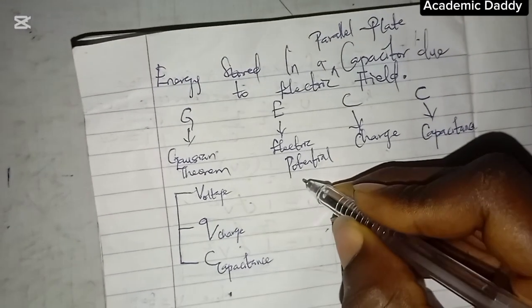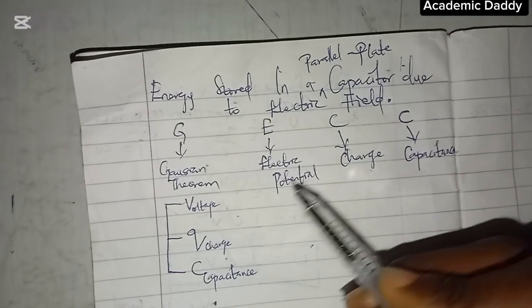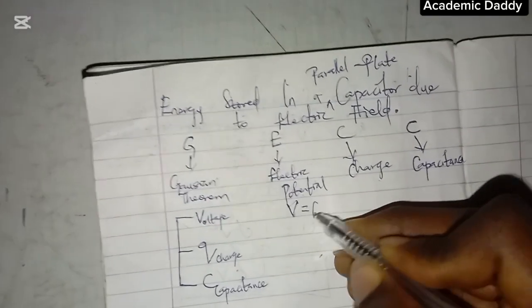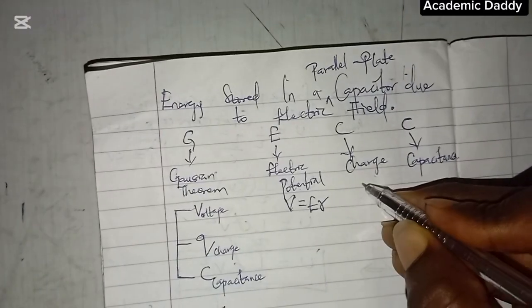You know that the relationship between electric potential and electric field is V equals E R. I normally use R for distance.